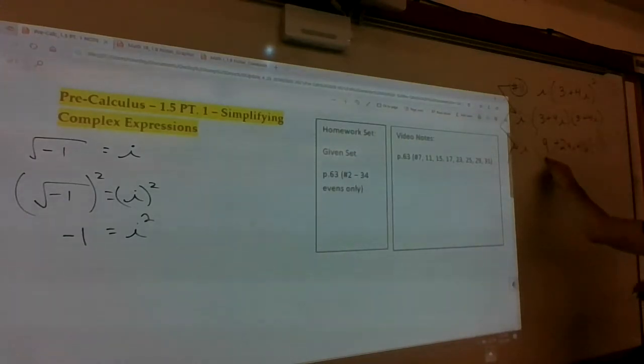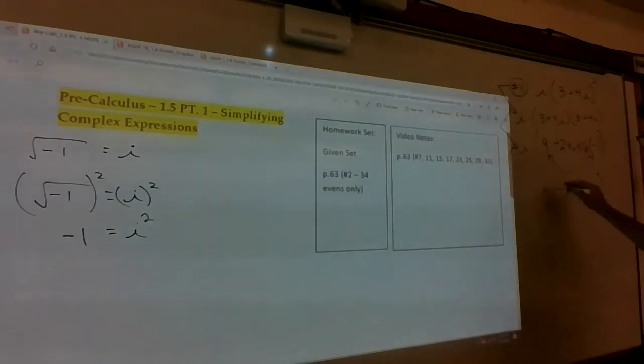So 9, this will be negative 16. 9 minus 16 is going to be negative 7, and then the plus 24i remains, times i.